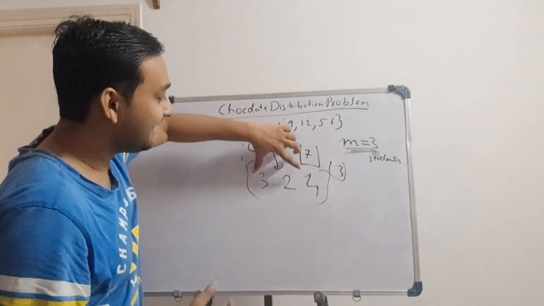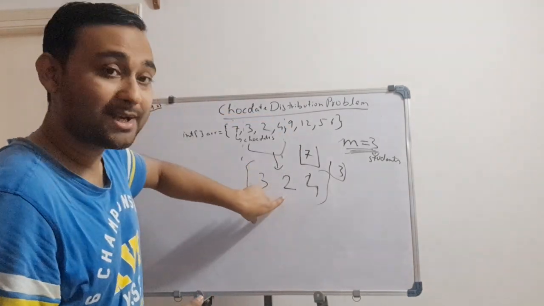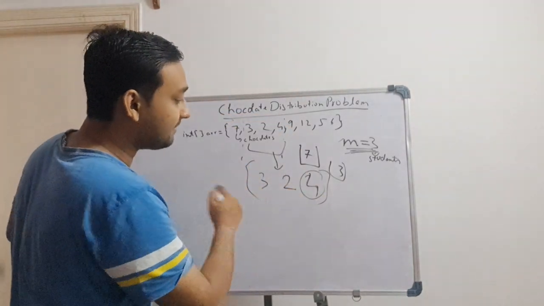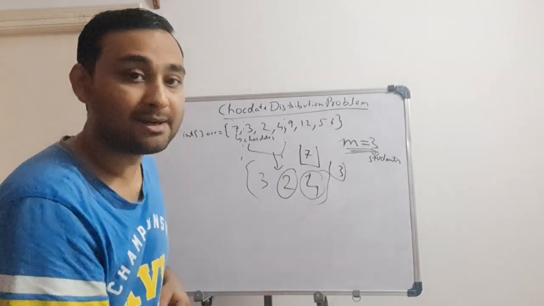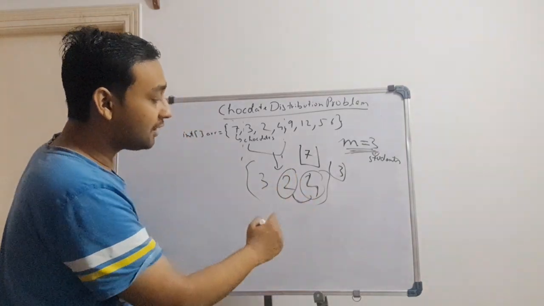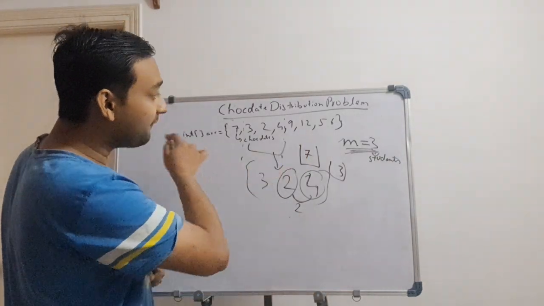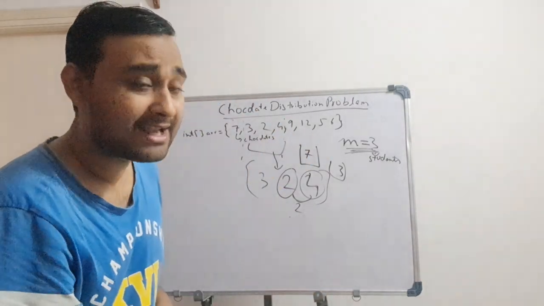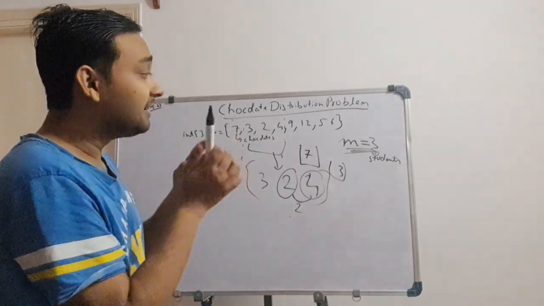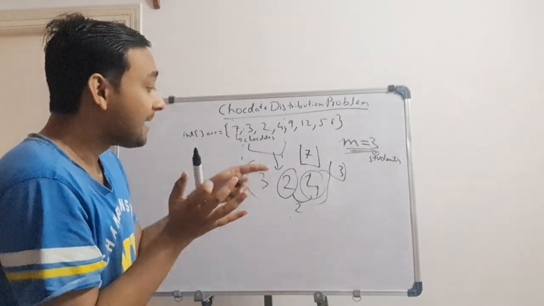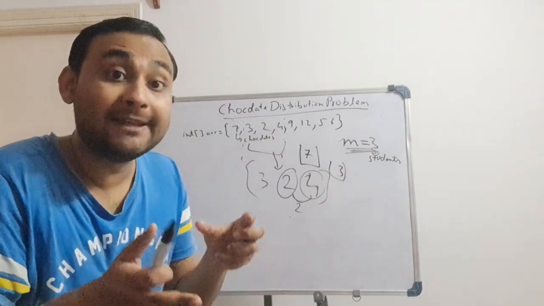If I take these 3, 4 will be my maximum and 2 will be my minimum, and the difference will be 2. The same thing we have to check for all the array elements, and find which 3 chocolate packets have the minimum difference between maximum and minimum.